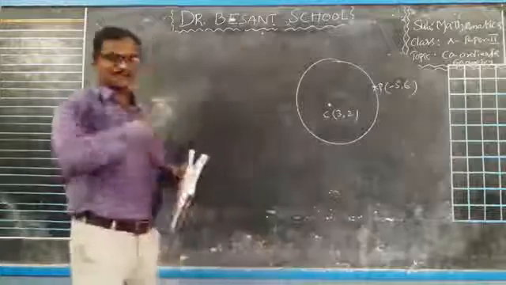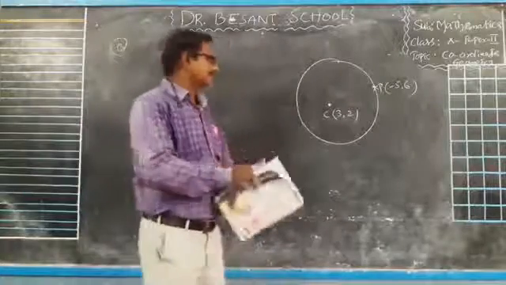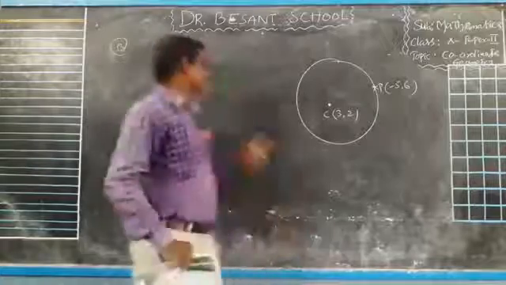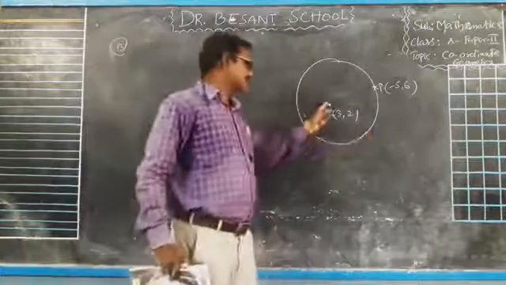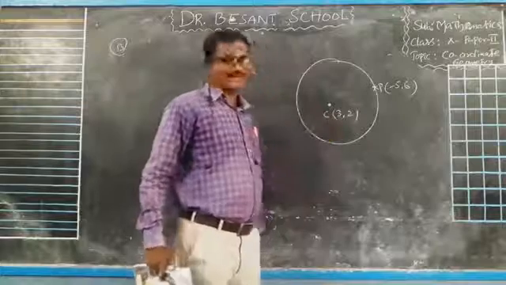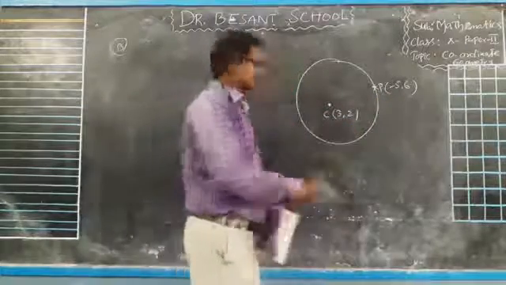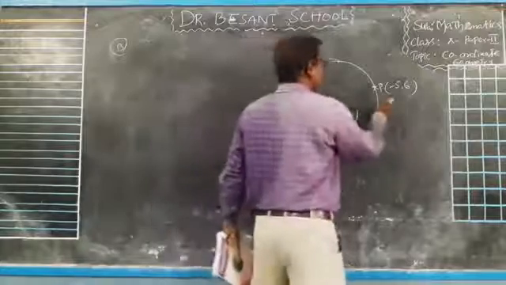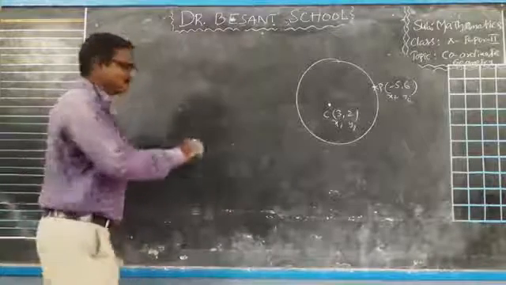This also I will not do the solution; I will just explain how to do it, and you have to do it. So draw this diagram in the 13th solution. This is the circle whose center is C(3, 2). The circle passes through the point P(minus 5, 6). Let us suppose it is x1, y1 and x2, y2. You must draw the diagram in the solution.